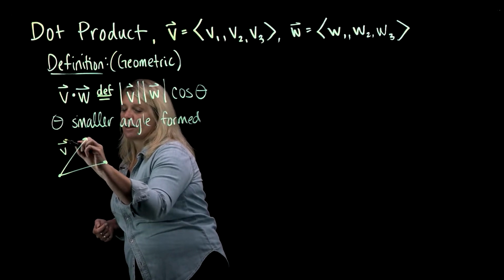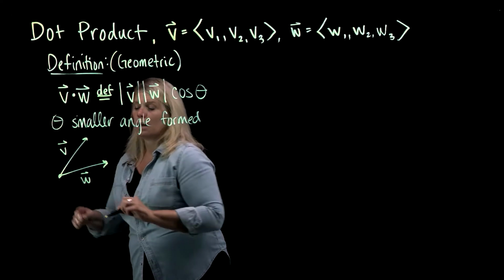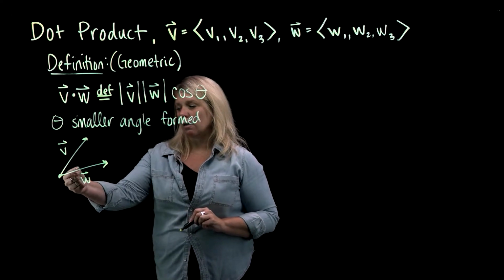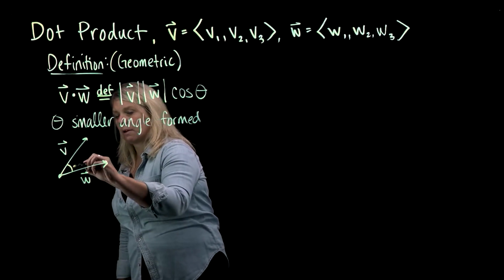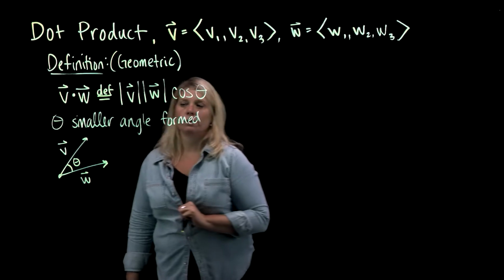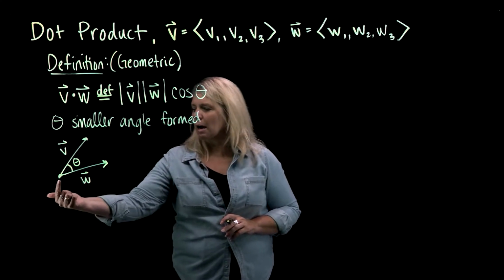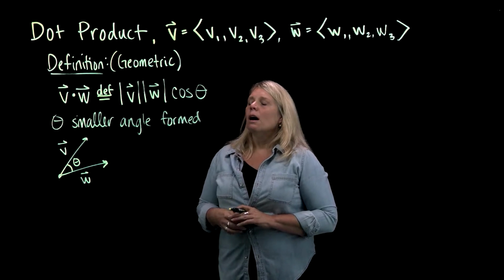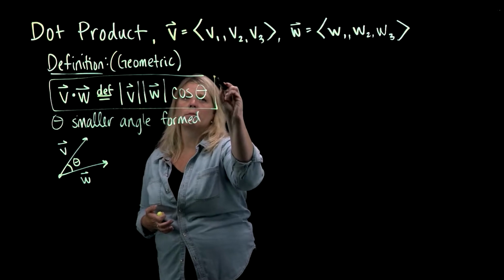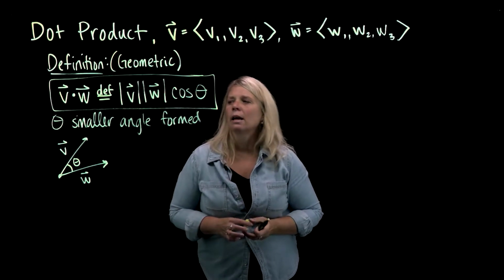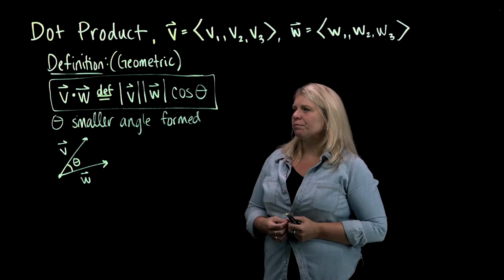So if I have two vectors, v and w, that share a common initial point, they really form two angles, the angle here and then the other angle that goes all the way around here. So we're talking about the smaller of those two angles. Smaller angle formed by v and w sharing a common initial point. All right, so if you think about this dot product in this way, there are a couple of important things from this definition to note.